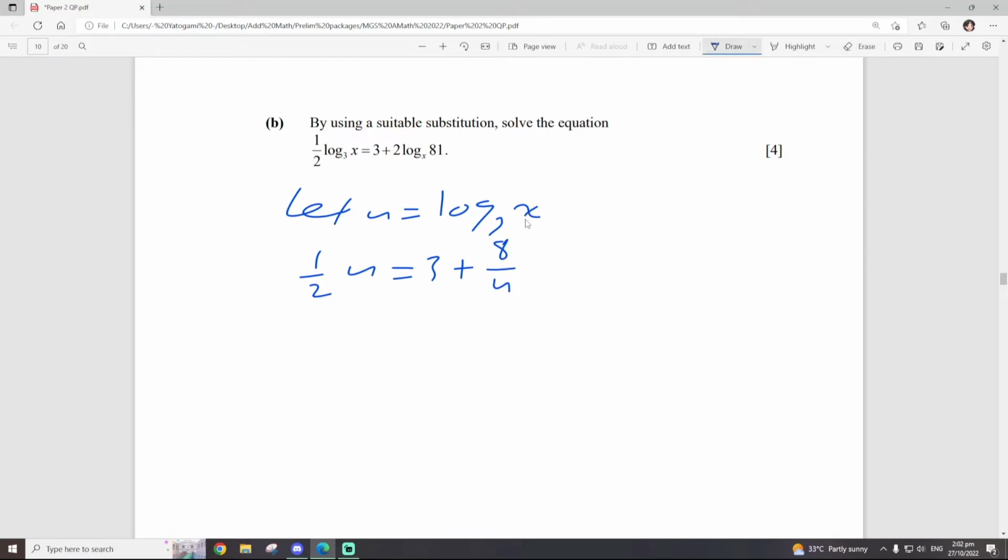So multiply both sides by 2u to get u squared minus 6u minus... wait, multiply by 2u, right? So what, 16? Equals 0. Let me just check something here.